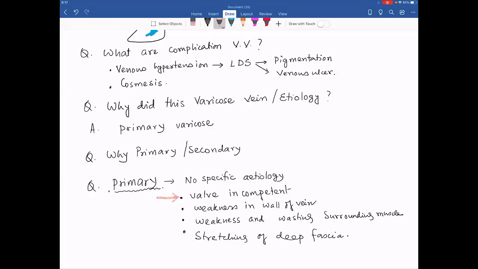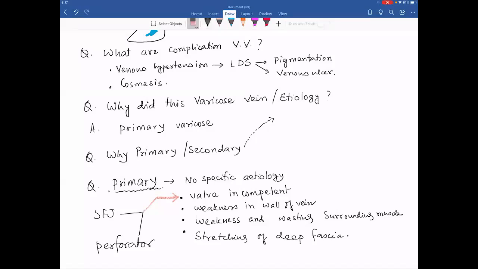And the incompetent valves in this patient could have led to both SFJ problems as well as perforator problems. Right. Can I proceed? Yes. Okay, next question.